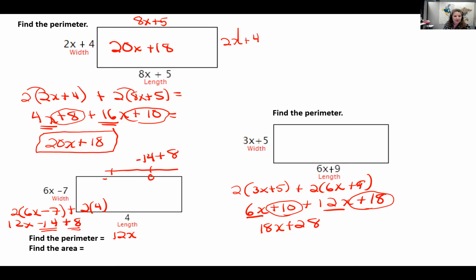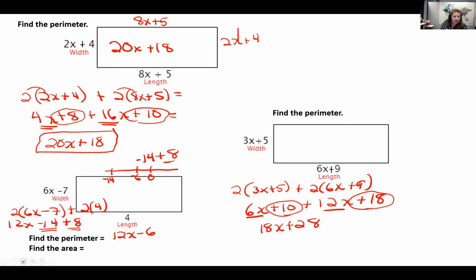Down here's negative 14. If we go right 8 spaces on our number line, we would land on negative 6. So negative 14 plus 8 is negative 6. And like I said, we'll focus more on that probably December, January, sorry.